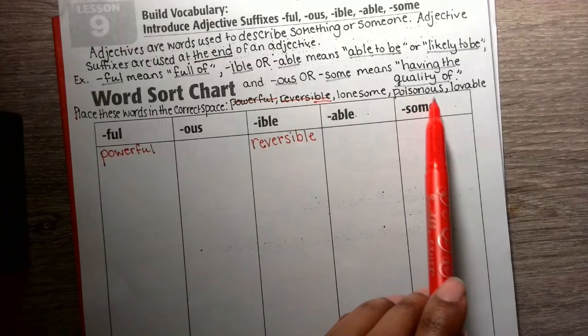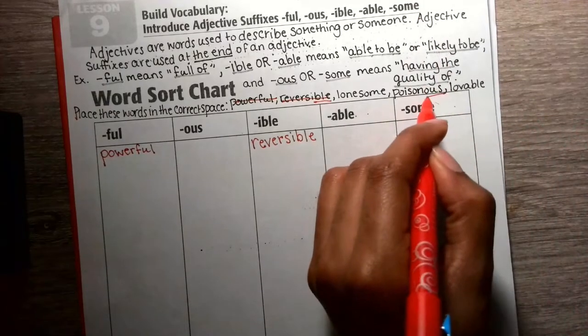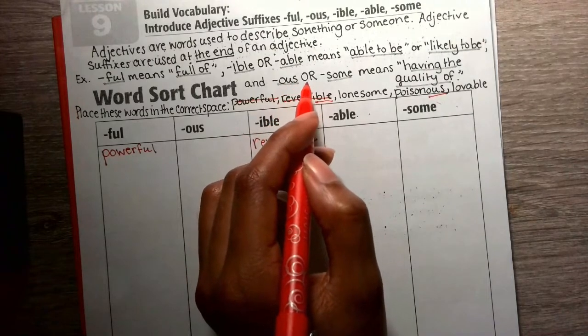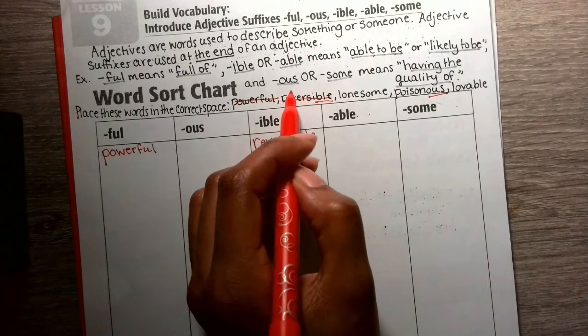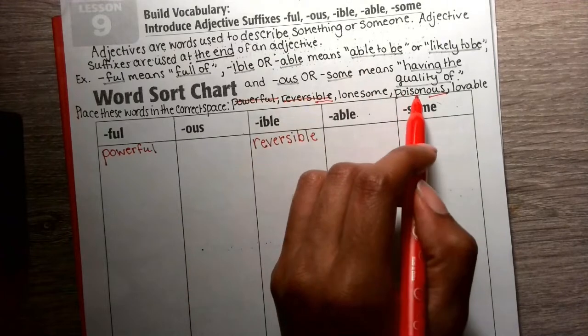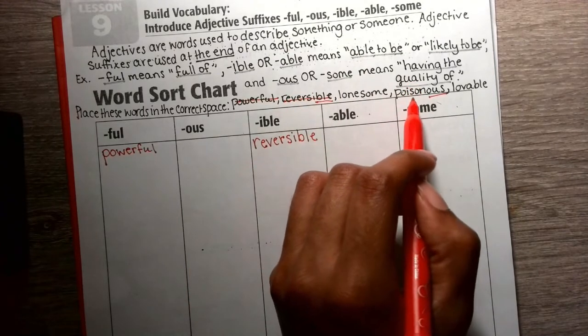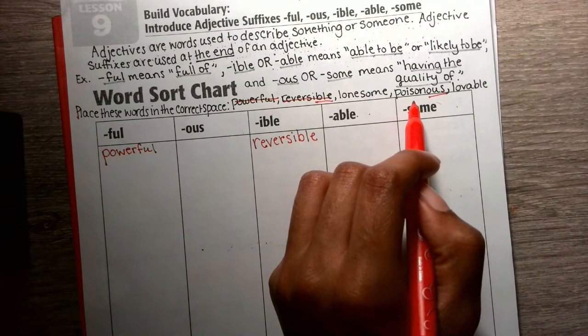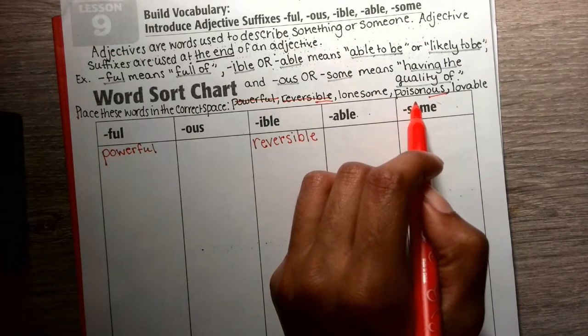Poisonous. This ends in us. Us also has the quality of, having the quality of poison. So it's something that has to do with poison.